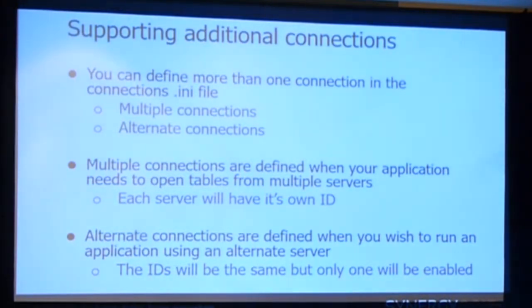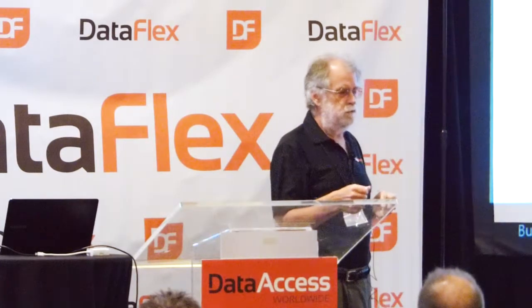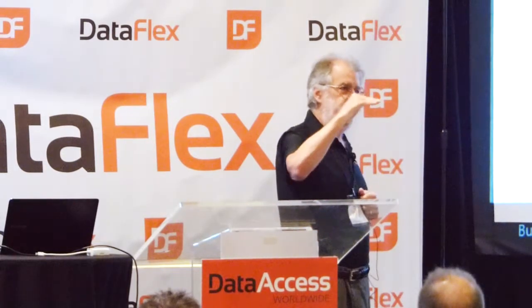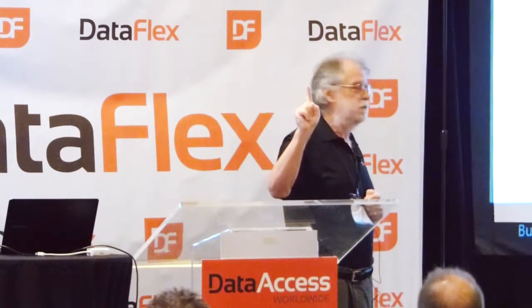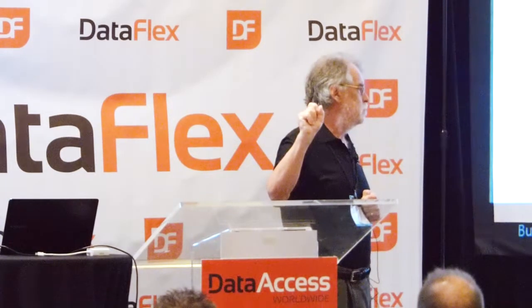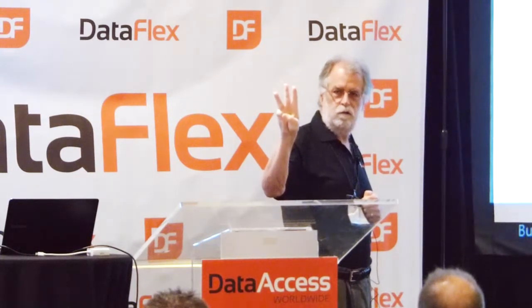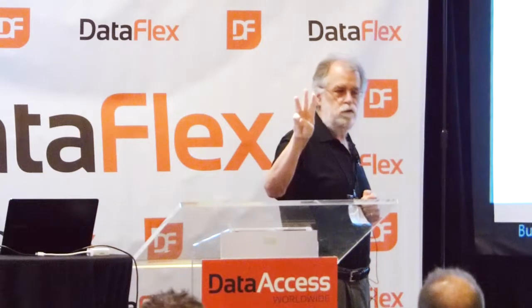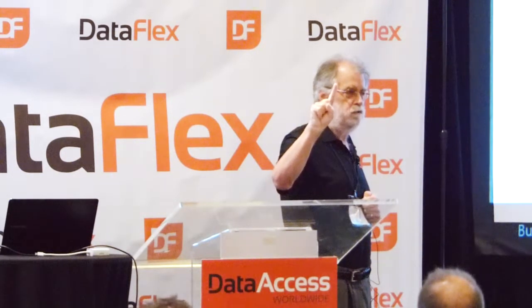Well, it's something you do often enough that, for managed connections, the same ID can now have multiple definitions, but only one of those definitions can be enabled at any one time. So you may have 3 databases that are all identical that you like to work with. Within the managed connection, you can set it up and say, I want to use this connection.